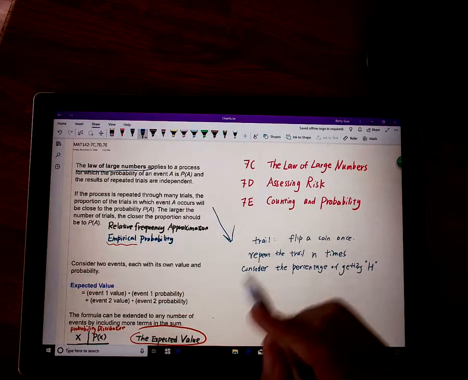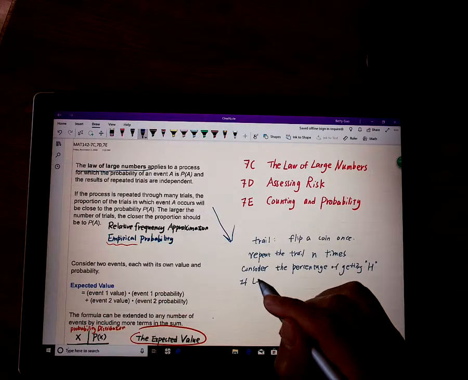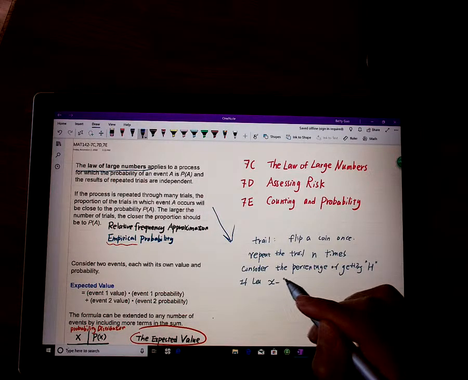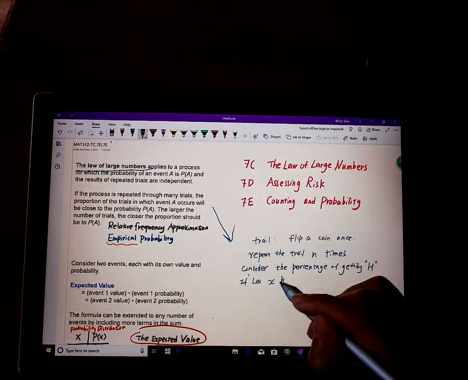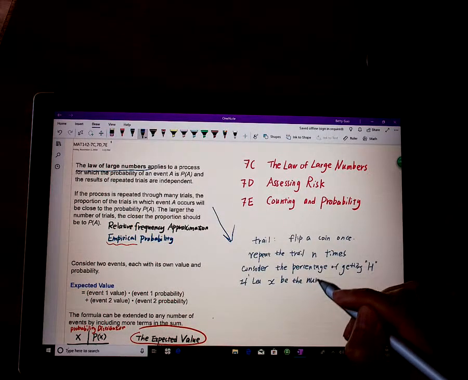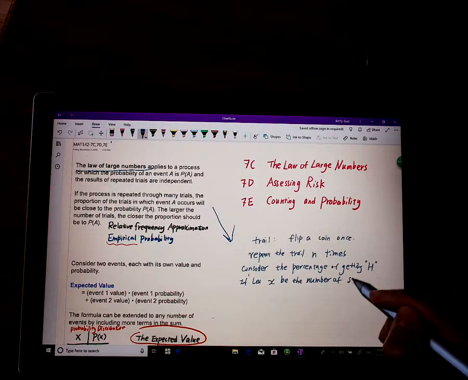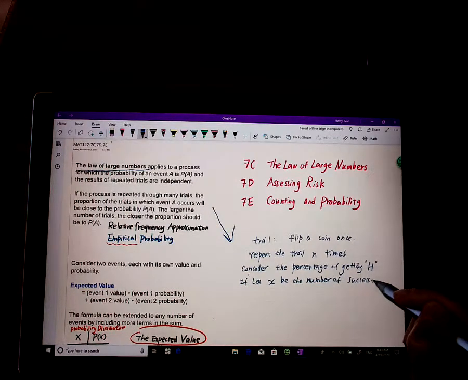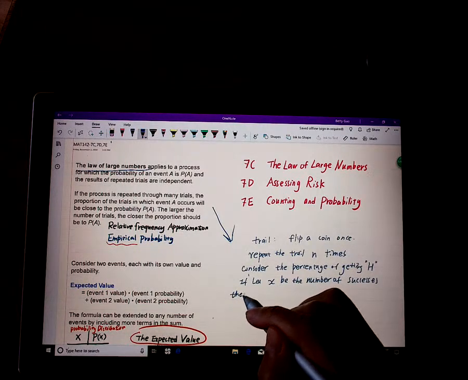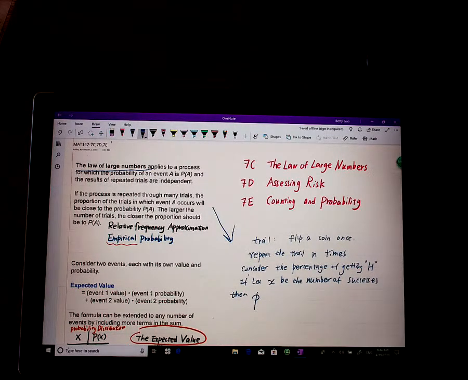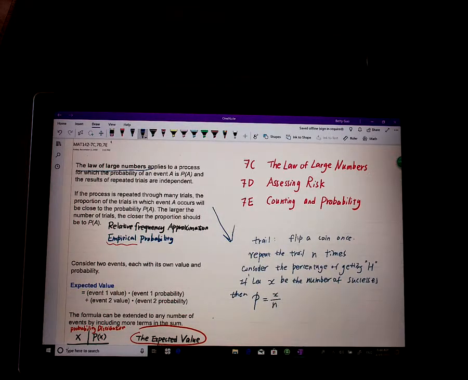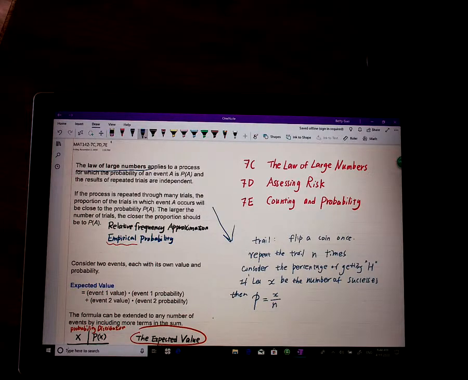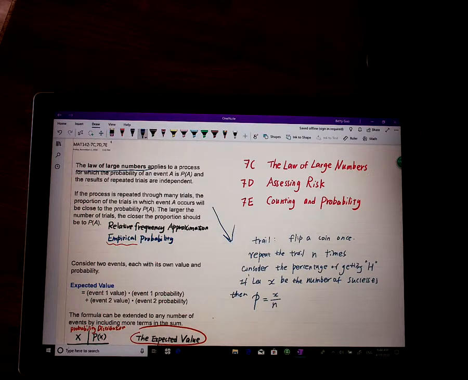Then let X be the number of successes. Then the sample proportion, do you still remember the formula? Sample proportion equals X over N. We are actually collecting a sample. You flip the coin once, you have a result.